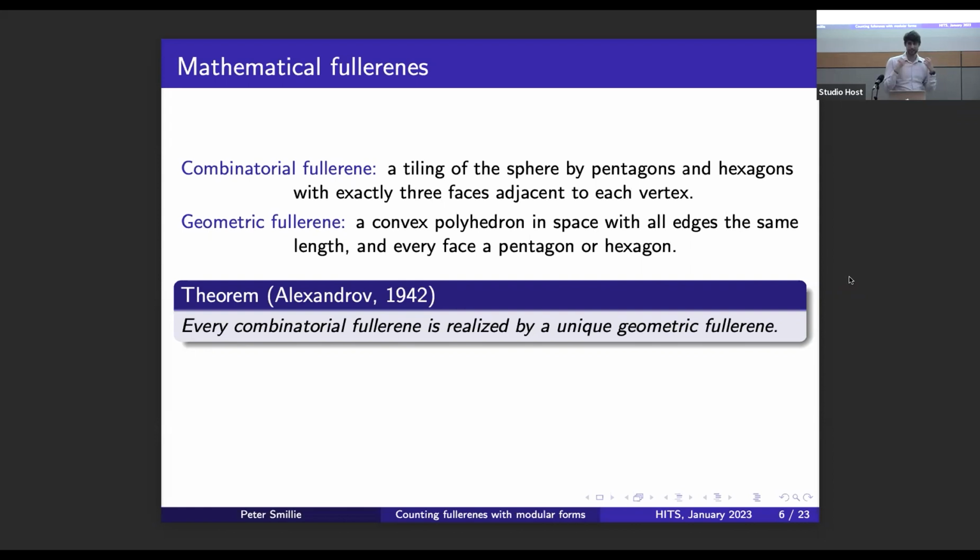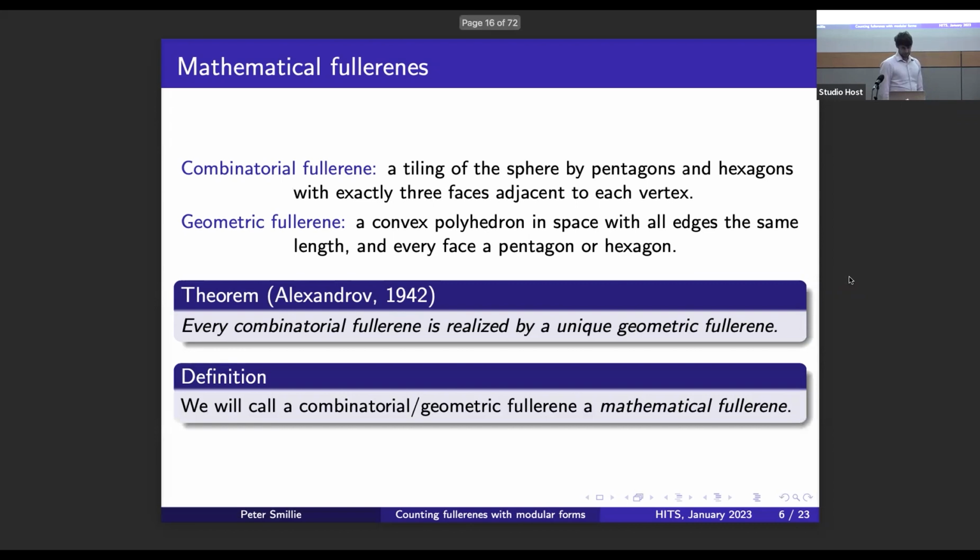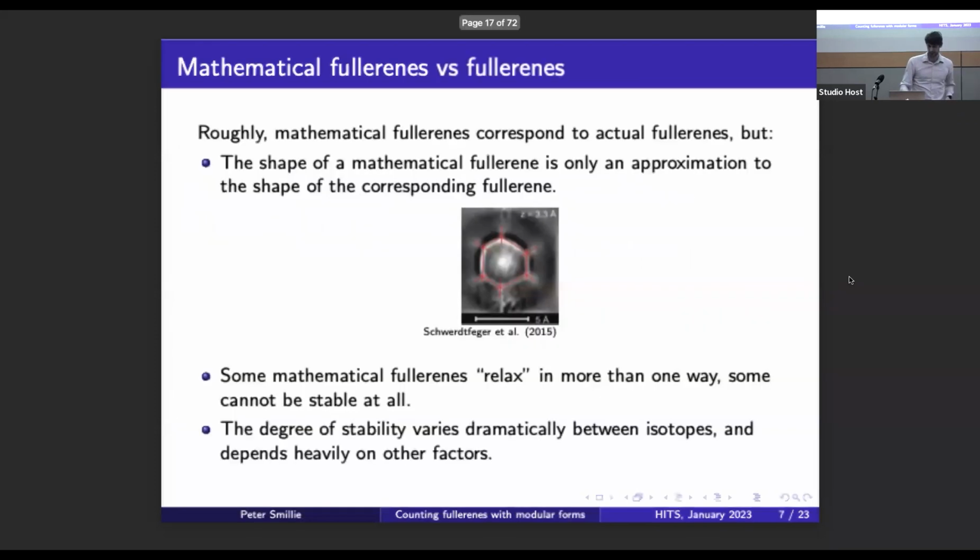So this is the sort of theorem that gets mathematicians excited. Now you have a combinatorial way of counting or studying something geometric. And so instead of these words combinatorial and geometric, I'm going to refer to this thing, which is both of these, as a mathematical fullerene.